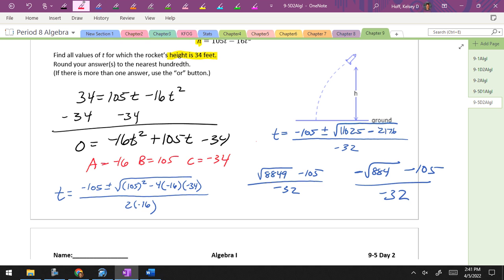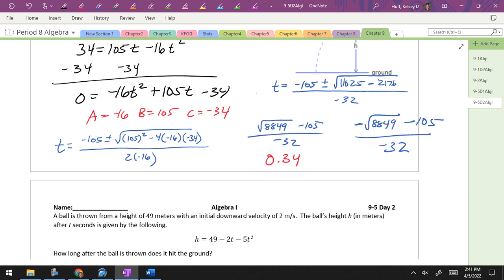I get, rounded to the nearest hundredth, 0.34. And if I do negative square root of 8849 minus 105 divided by negative 32, I get 6.22.